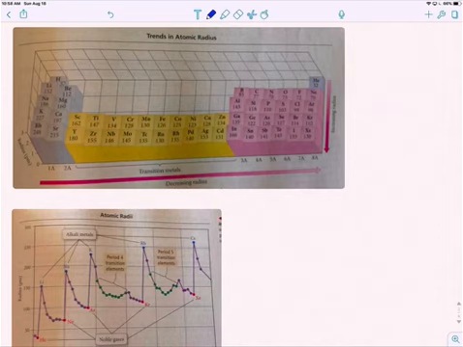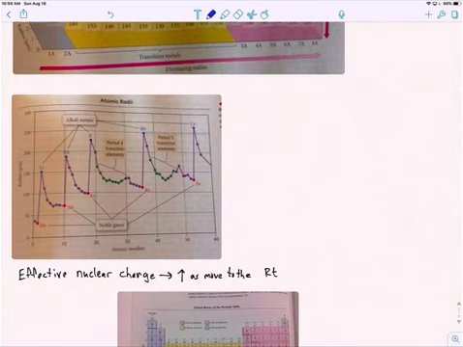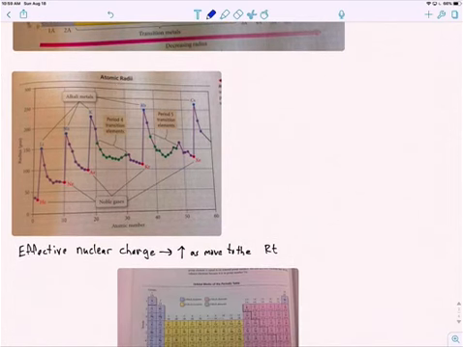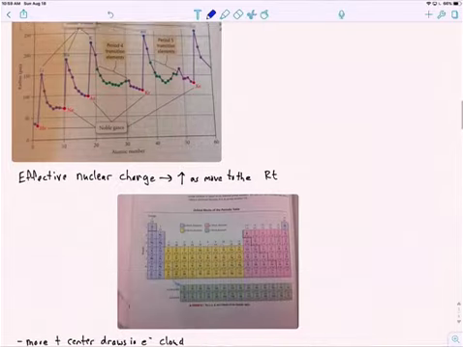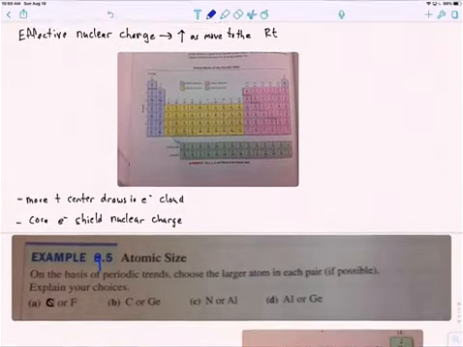Because of that, the electrons just kind of blow up and occupy more space. So the trends are: going to the right, it decreases in size; going down, the atom increases in size. The transition metals get a little screwy, but in general, left to right, it goes down, and that's because of the effective nuclear charge, as I've said.